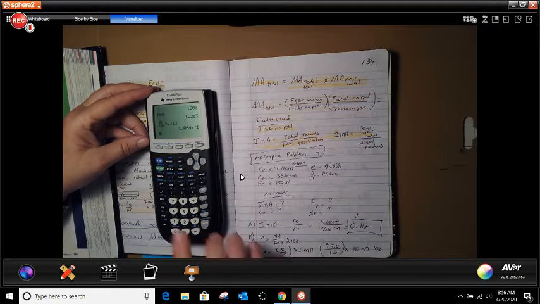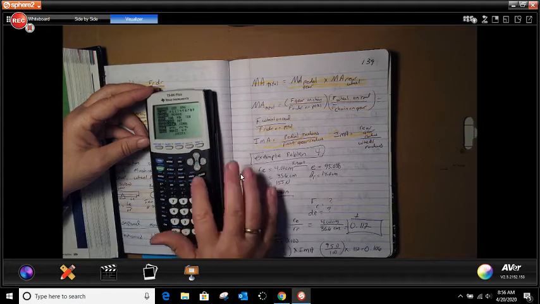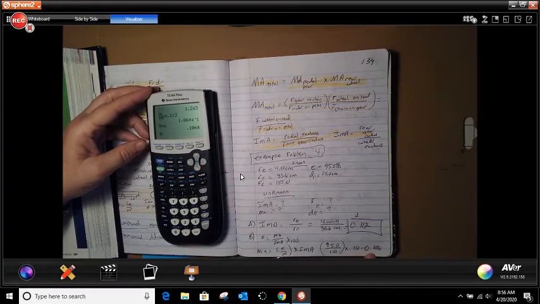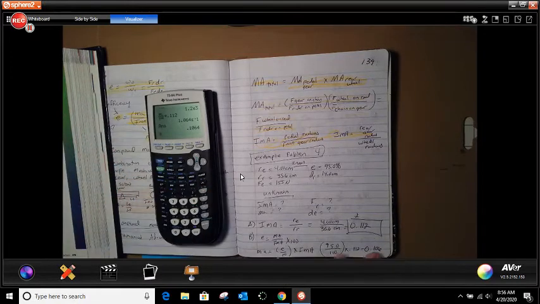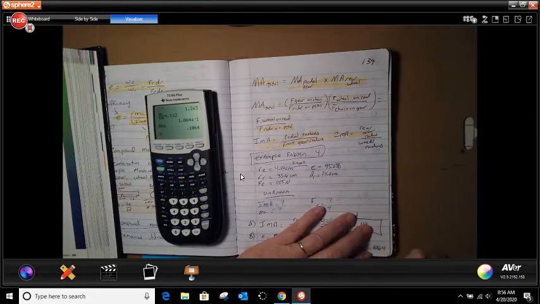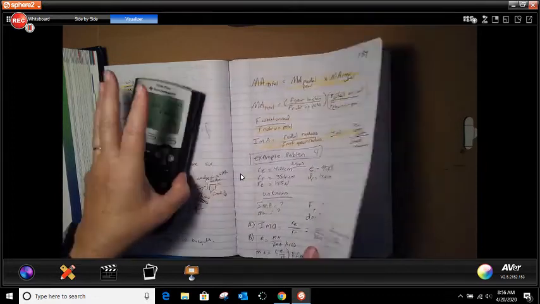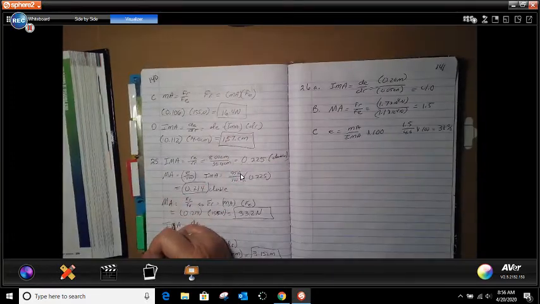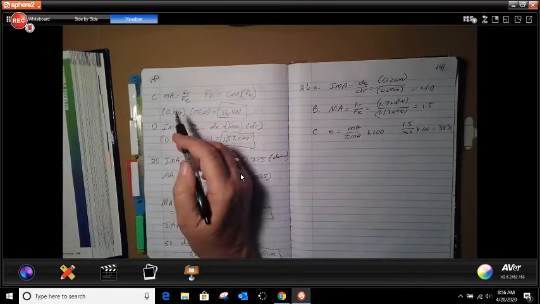Let me change the mode to normal, second answer, and we get 0.1064. So I could put the 4 there too, okay? And then C, we're trying to find the force.